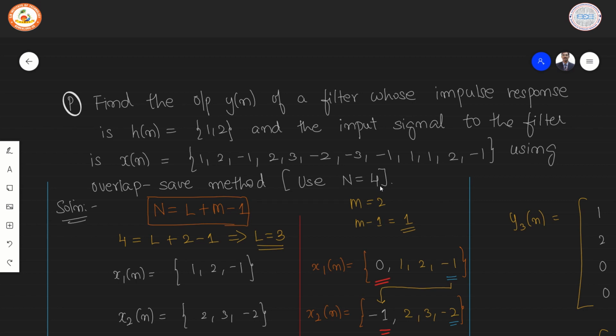This problem is to determine the output of a system whose impulse response is provided and input is given. Before you start the problem, we count how many points are there in the input and the impulse response. The input is composed of 1, 2, 3, 4, 5, 6, 7, 8, 9, 10, 11, 12 points.